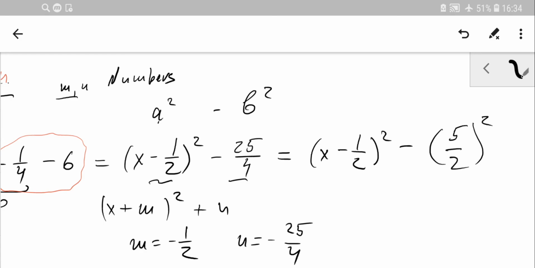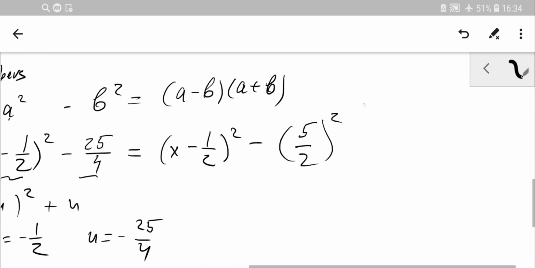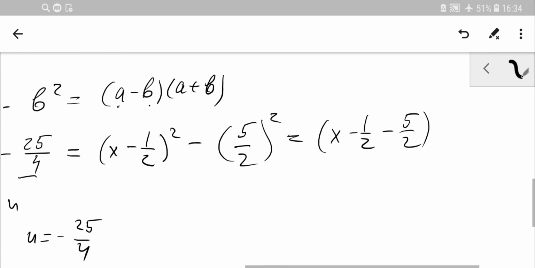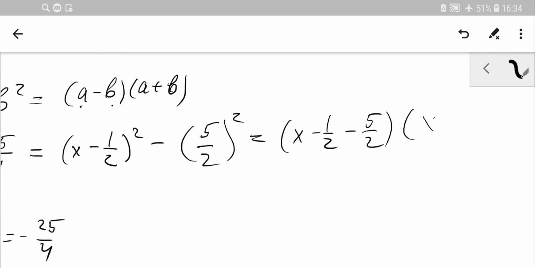And now I can use the formula. It's equivalent to a minus b times a plus b. So I get x minus 1/2 minus 5/2, that's the first bracket, a minus b. And then times x minus 1/2 plus 5/2.